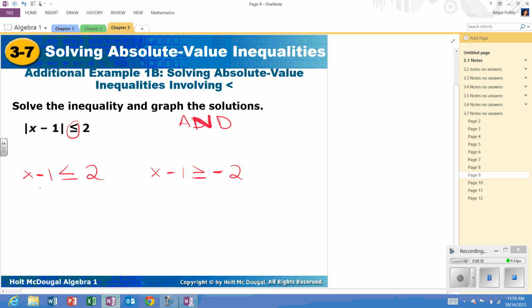Now we have to isolate our variable in each case. So x is less than or equal to 3. I'm going to add 1 to the other side. X is greater than or equal to negative 1. So this is an and. Okay. To graph it, I'm going to put 0, negative 1.